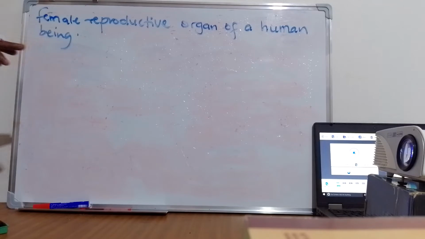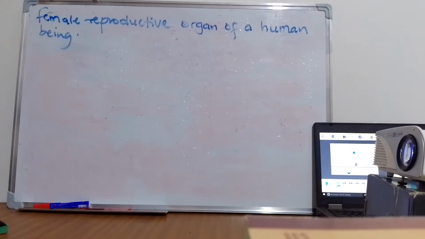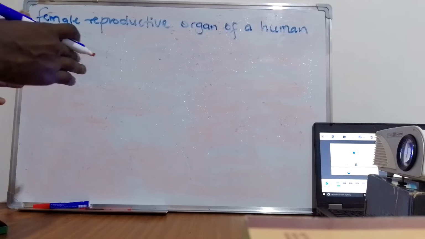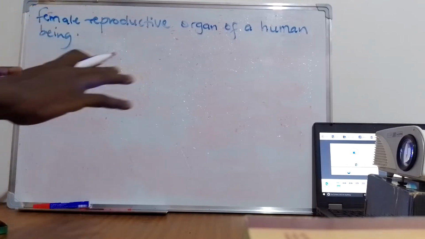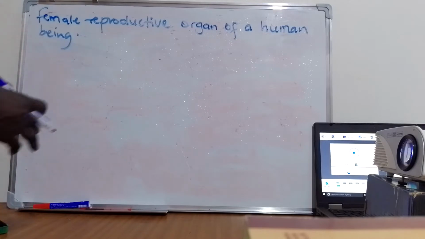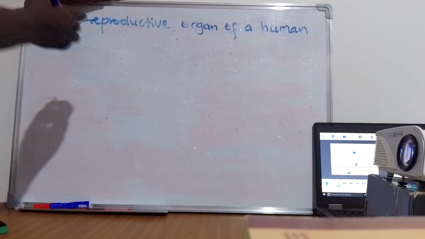A human female reproductive organ is made up of very few parts. Remember, this is elementary science. We're not supposed to talk about something complex now. So these are the features that make up the female reproductive organ of a human being.